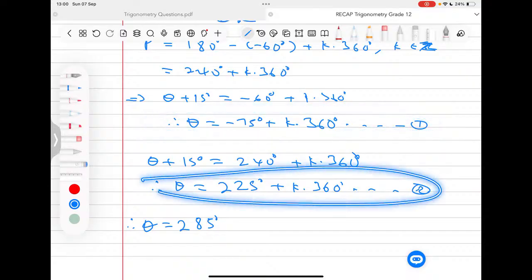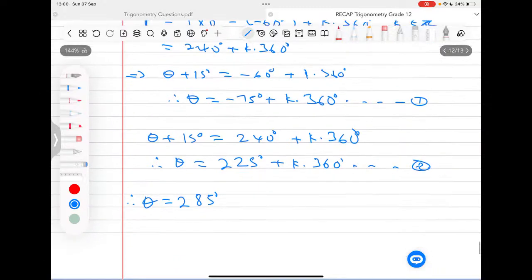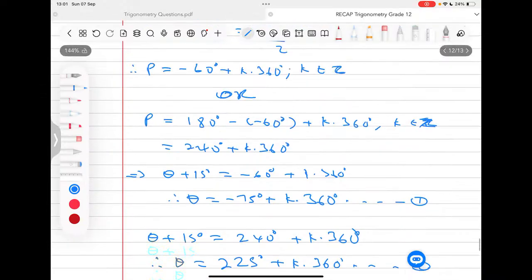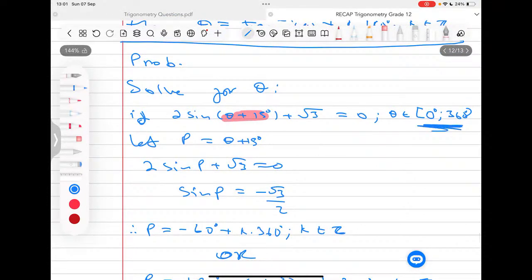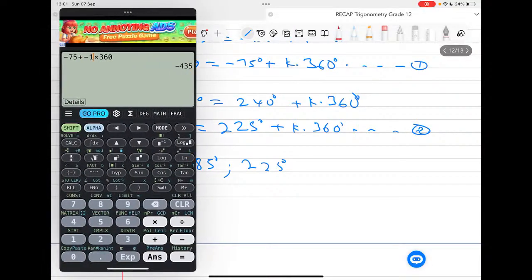We now focus on equation 2, right? The other solution that we can have here is that if we put a 0 here, we're going to have a 225. So 225 becomes a solution because it falls within this interval, right? And if I put a 1, let's test a 1 there. 225 plus 1 times 360.